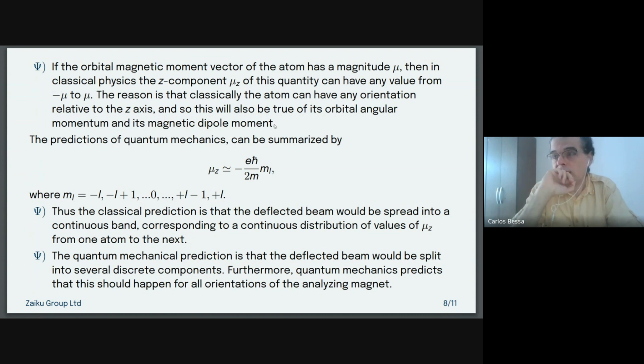Because classically, the atom could have an orientation up, or down, but could also have orientations in between.